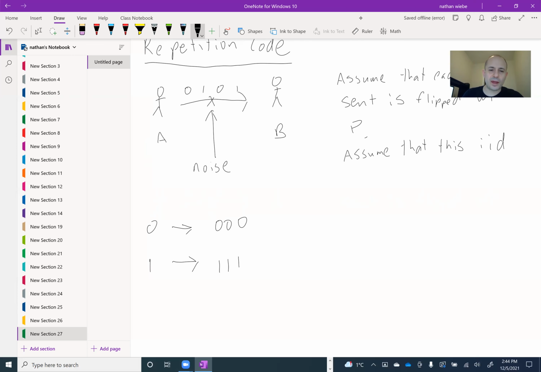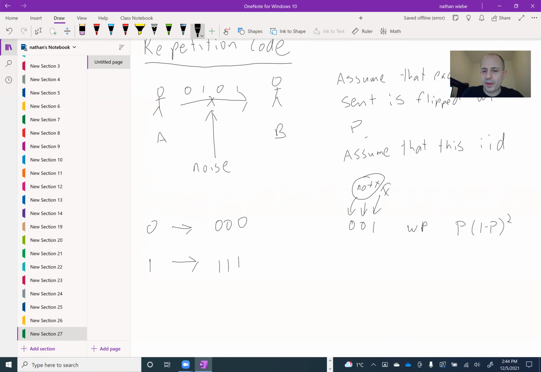Now, in the event that this noise ends up happening to one of Alice's code words, then instead of sending 000, she'll send 001. And this will happen with probability p times (1 minus p) squared. Because here we'd have to have an X error, and here we'd have to have a not-X error. Is it not a bit flip on both of those locations?